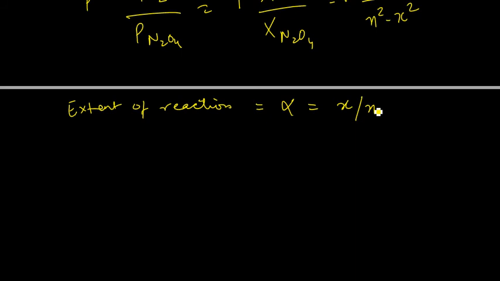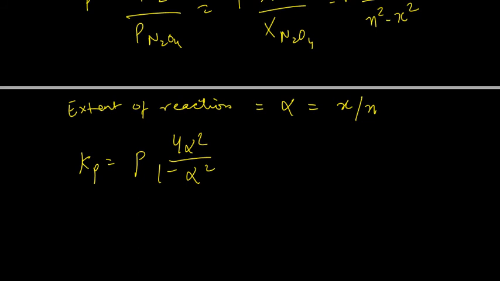So what I get for Kp is pressure times 4 alpha squared over 1 minus alpha squared.